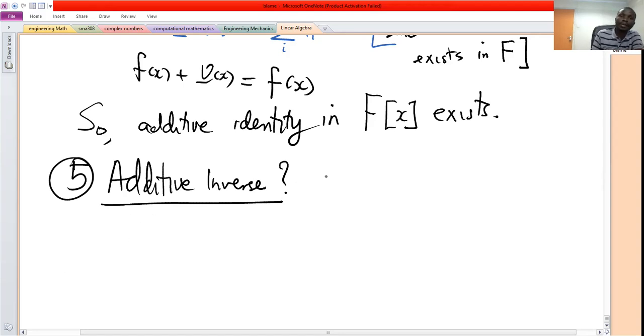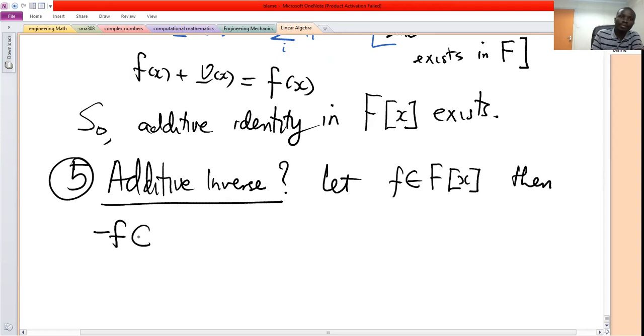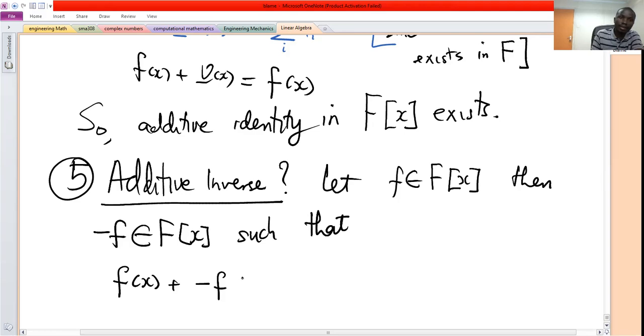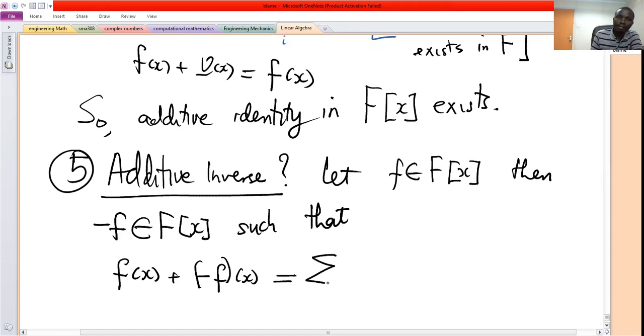Now, let f be in this set, then minus f is also in that set, such that if I say f(x) plus minus f(x), this will give me the summation of a_i x^i plus the summation of negative a_i x^i.